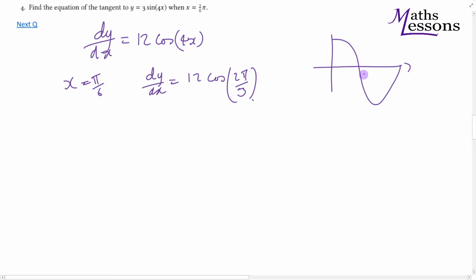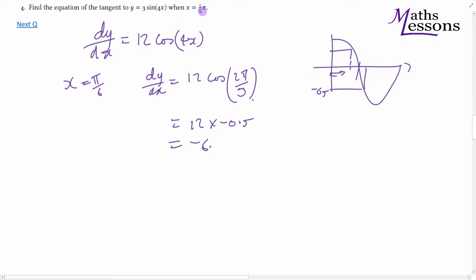So 2/3 pi, there's half pi, 2/3 pi is about a 1/6 pi past here. And we know that at a 1/3 pi that way, we're going to be at 0.5 on here. So this is going to be minus 0.5. You can always shove it into your calculator as well. So we're going to get 12 times minus 0.5. And that gives us -6.